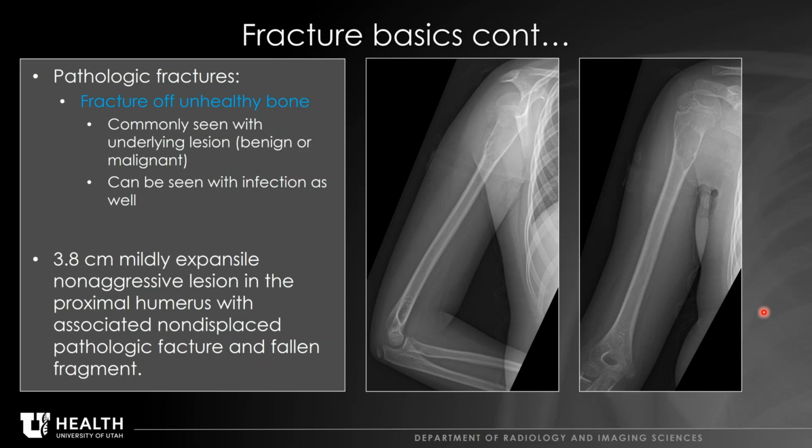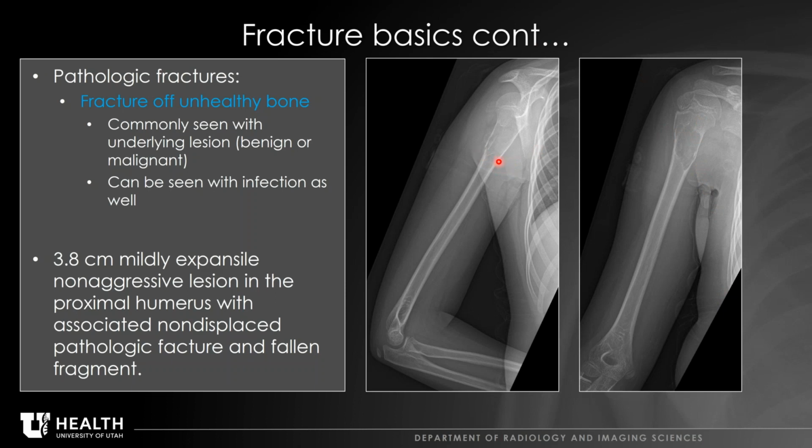So other fractures that we describe are pathologic fractures. A pathologic fracture is a fracture of unhealthy bone. So that would be somebody who has a malignancy or a benign lesion, or a fracture of an infected bone. In this example, we have a 3.8 centimeter expansile lesion here in the proximal humerus, and it has a non-displaced fracture right there.